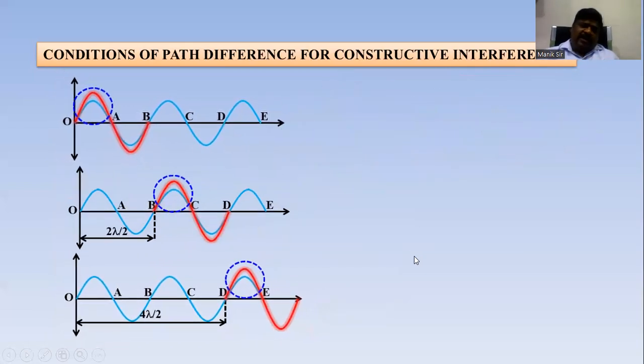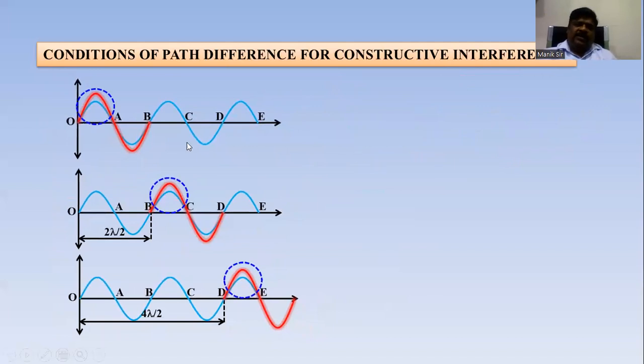What we observe here is that in the first diagram, the path difference is 0 lambda. There is a constructive interference. In the second diagram, there is a path difference 1 lambda. There is constructive interference. In the third diagram, there is a path difference 2 lambda. There is a constructive interference. Means to have a constructive interference, the path difference may be 0 lambda, 1 lambda, or 2 lambda, and so on.